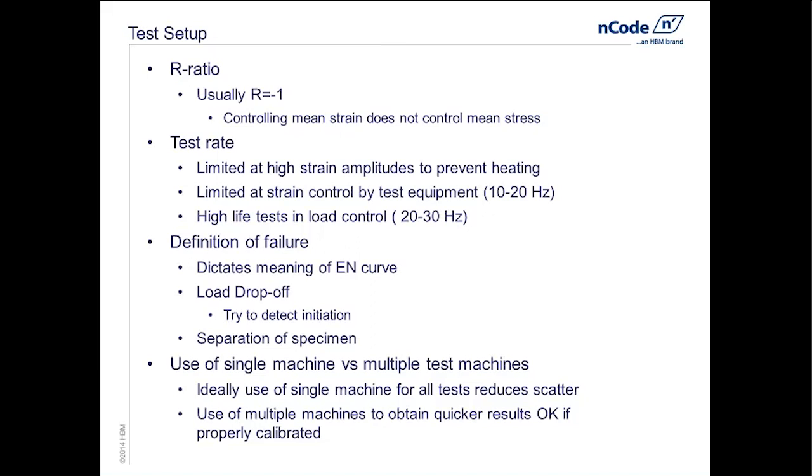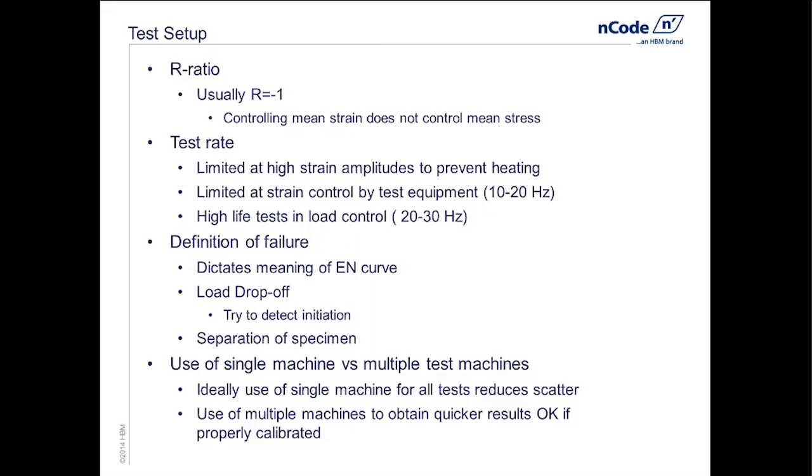And the last issue here, ideally, we're trying to minimize scatter across the specimens so we can actually quantify the scatter in the material. Ideally, we'd like to have all our tests on a single machine, so we're not looking at variation from machine to machine. And that would be the ideal case in a perfect world.